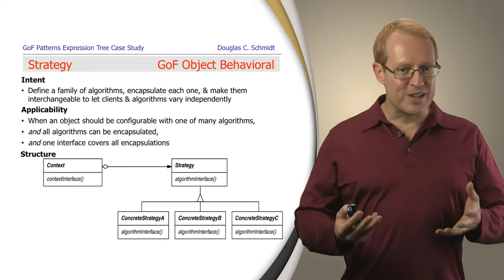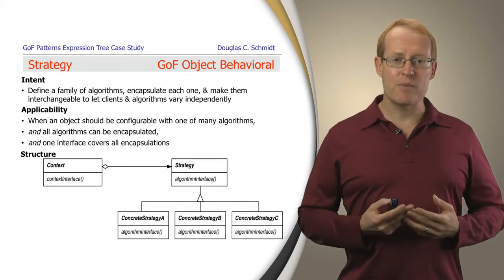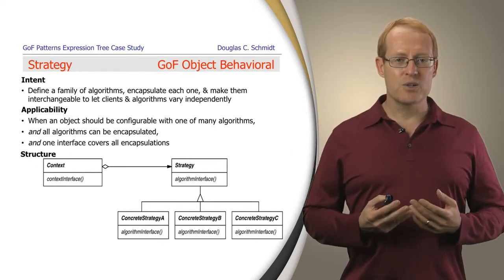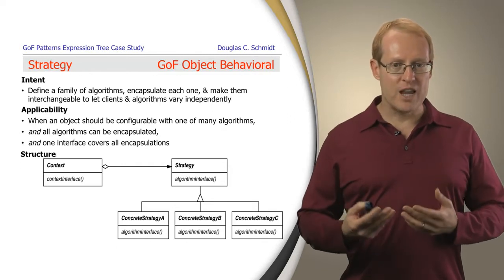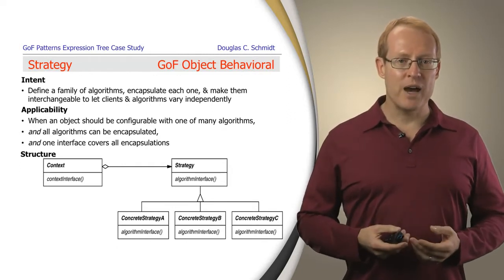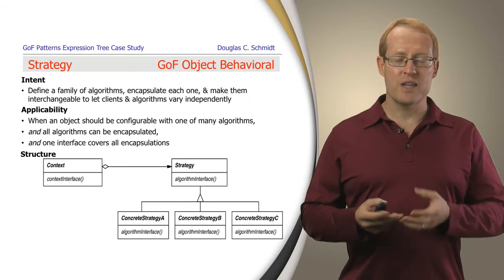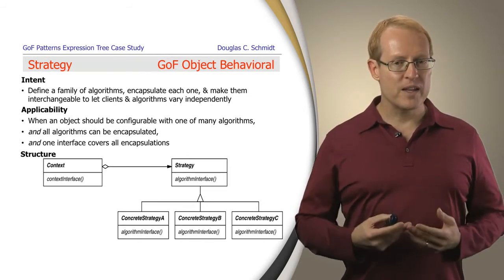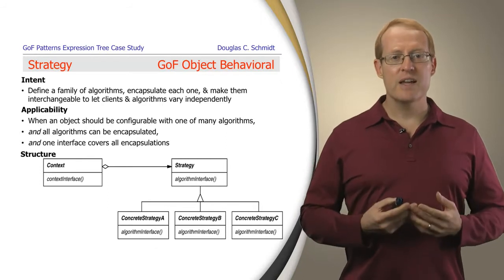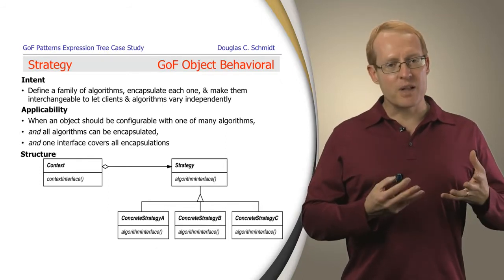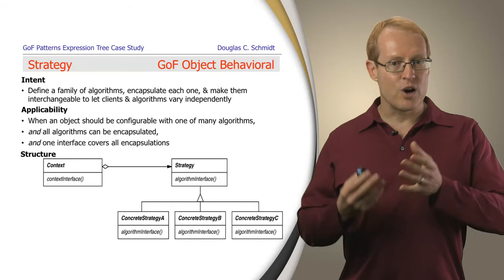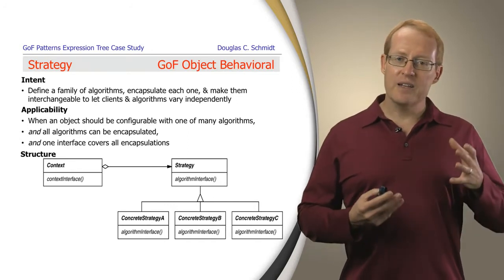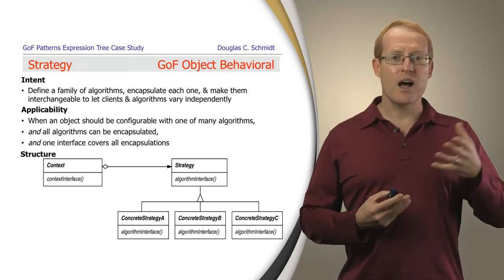Now, here's where things get interesting. The structure diagram illustrated on this slide shows the Gang of Four representation in the book of the strategy pattern. In this pattern, there is a base class, which is the strategy, with one or more methods that are the strategy interface methods. And then you subclass from that to make various concrete strategies, all of which have the same interface. Connected to that is something called a context.